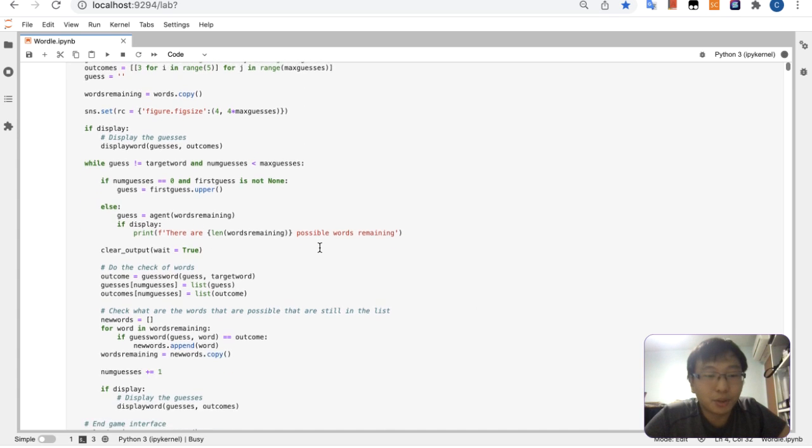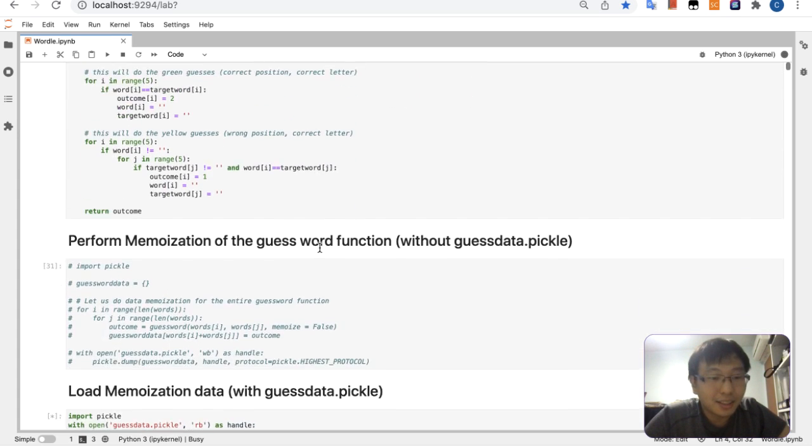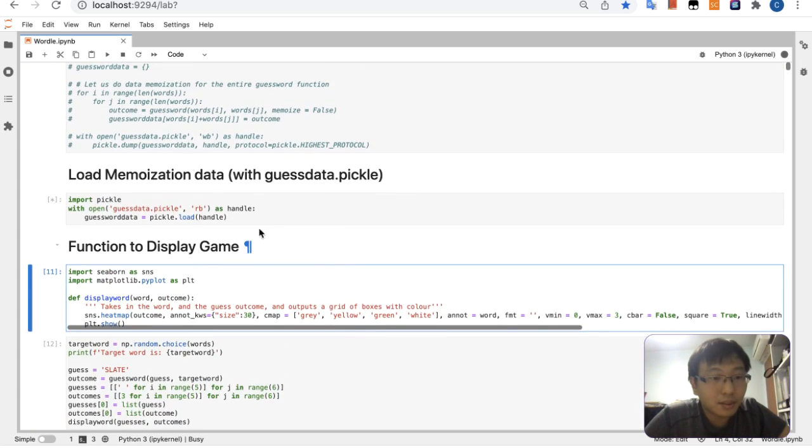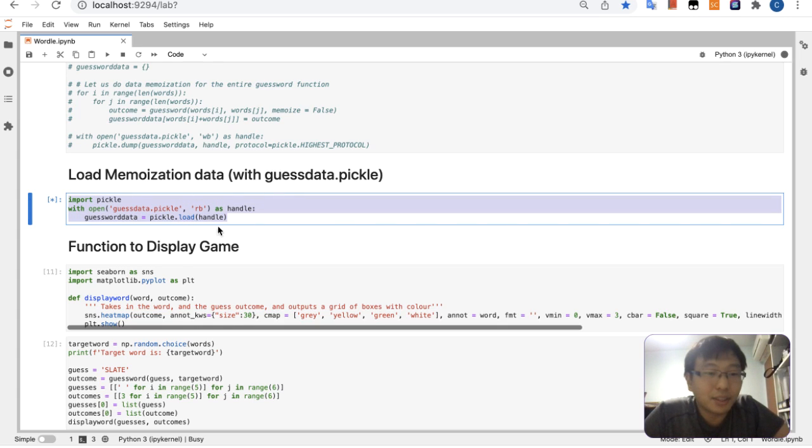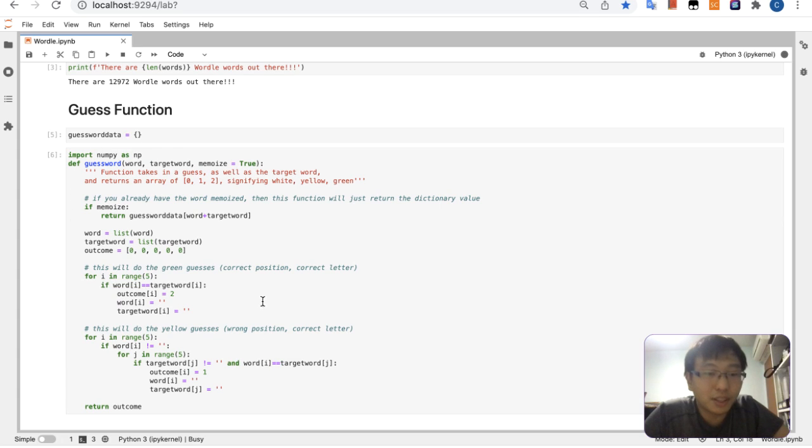The pickle file is 4.2 GB. Has it loaded? No, not yet. This will take 5 to 10 minutes to load. After it's loaded, we will have the entire guess word data here, which helps a lot, because you need to call this function all the time. But the problem is that the memory requirement for this lookup table is quite huge.